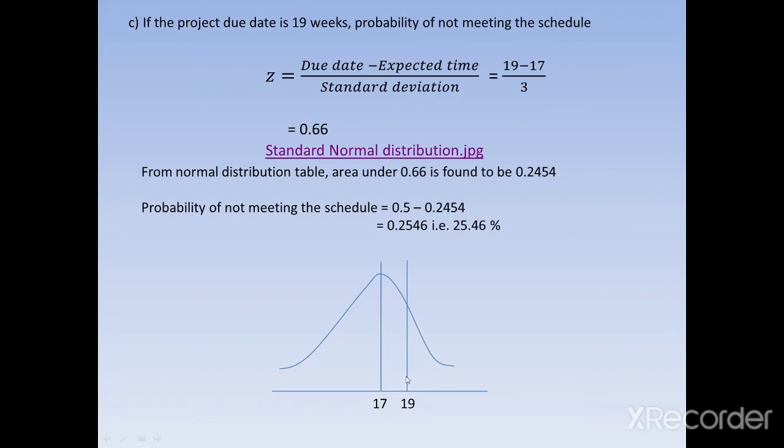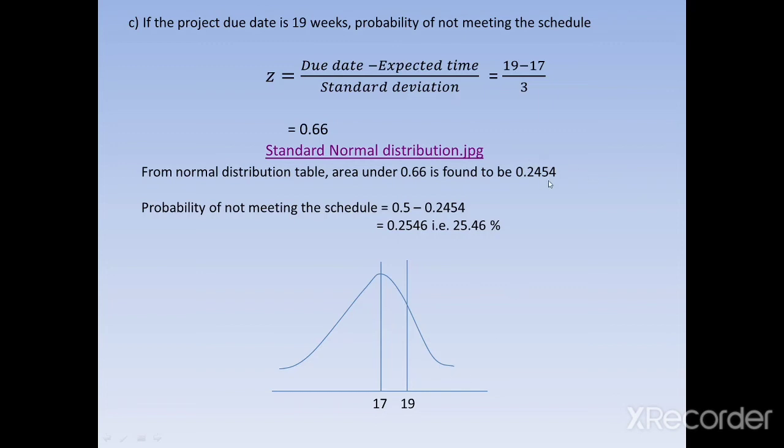See, the area on the right side of 19. For the project to get completed within 19 weeks, we consider the area on the left side of 19. So we consider the 0.5 this area, and the 0.2454 this area, 17 to 19. But in this case we are going to find the probability of not meeting the schedule. That's why we consider the area on the right side of 19. We need to find this.